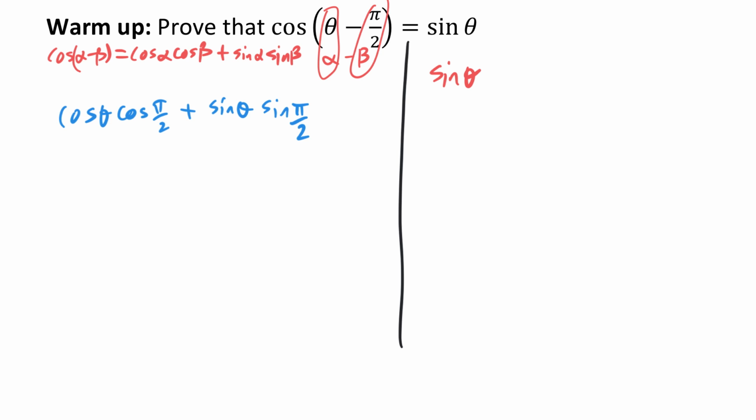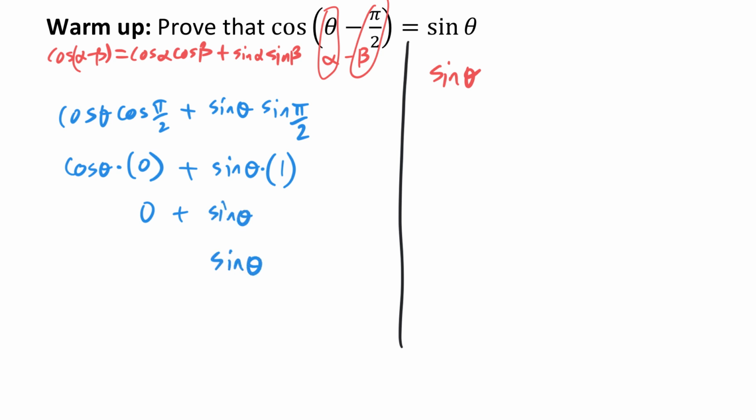And sure, maybe it looks like that initially, but cos of pi over 2 is a unit circle value. So this is going to be 0. And sine of pi over 2 is a unit circle value. That's going to be 1. 0 times anything is 0, and 1 times anything is 1. So we just have sine theta. And so the left-hand side equals the right-hand side. Fantastic.